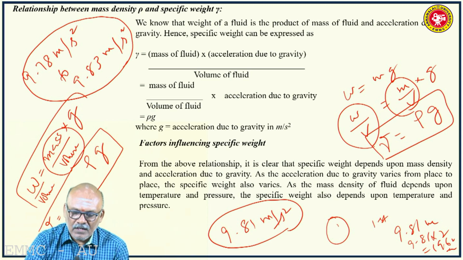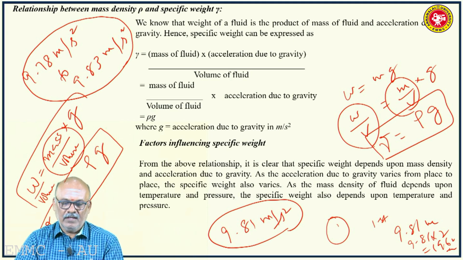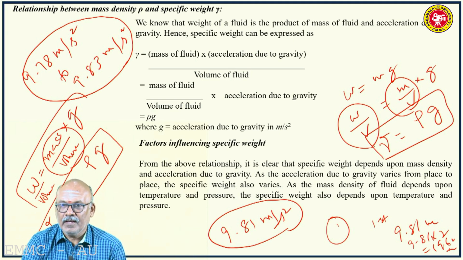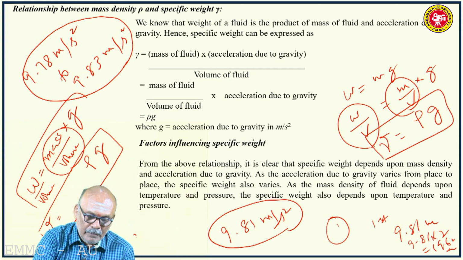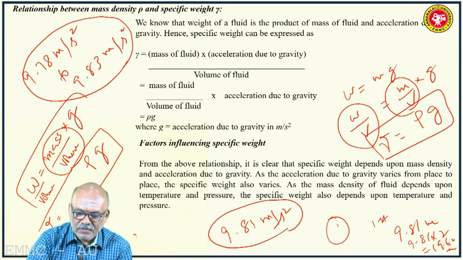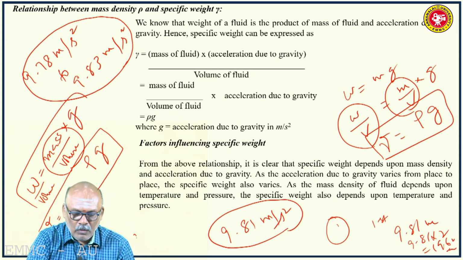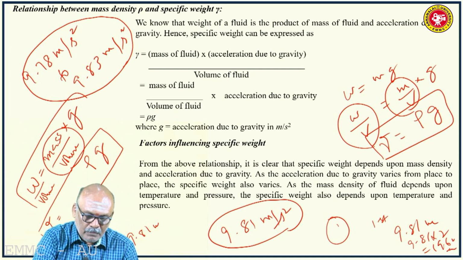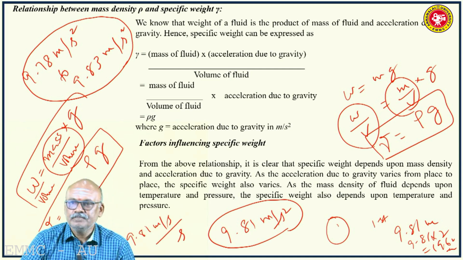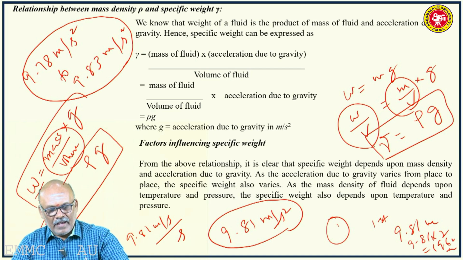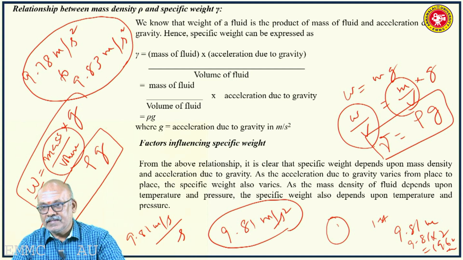This is the physical meaning of acceleration due to gravity, 9.81 meter per second square. The acceleration increases at the rate of 9.81 meters per second.